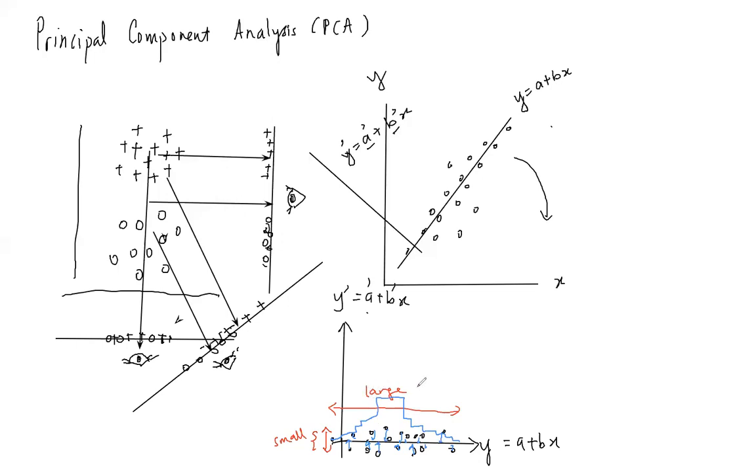So instead of needing a two-dimensional representation, it will be sufficient to just use one dimension, by making the correct rotation and then sacrificing the dimension that is not contributing much to the variation. So in principal component analysis, there's this idea of trade-off.